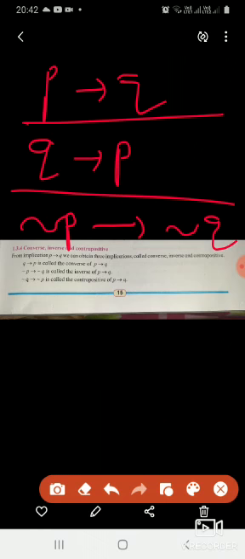Negation of P means if two lines are not parallel, then the alternate angles are not congruent. This is called inverse. Then contrapositive means negation of Q to negation of P. That means if the alternate angles are not congruent, then the lines are not parallel. So this is the concept, converse, inverse and contrapositive.